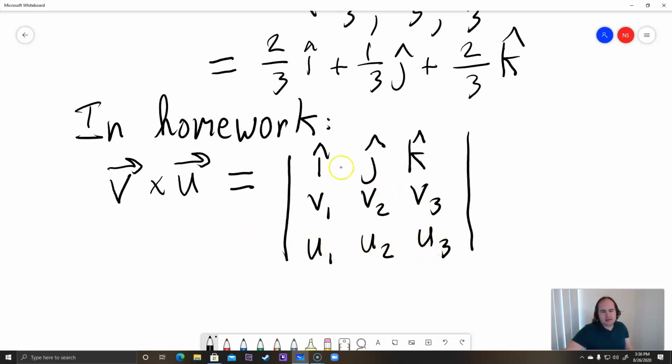Okay, but notice that's exactly the same thing we just did. It's just you're going to be putting your vector v for your second row and your vector u for your third row. So it's left to right, top to bottom. Okay, but I don't really want to spend time actually doing that because it's pretty straightforward. It's just what we just did, but just switching the vectors around. Okay, so that is good.